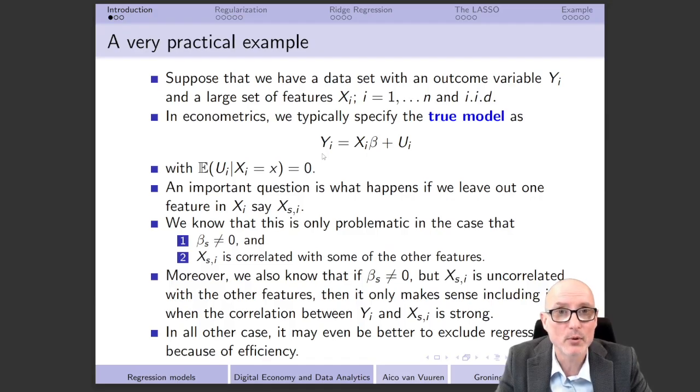And the important thing to realize in econometrics is that we typically assume that this is the true model in the sense that we already know the x's that we actually have to include into this particular model, usually called, of course, the regressors. We typically assume in econometrics that, in fact, we do already know which regressors we should actually include into our analysis.